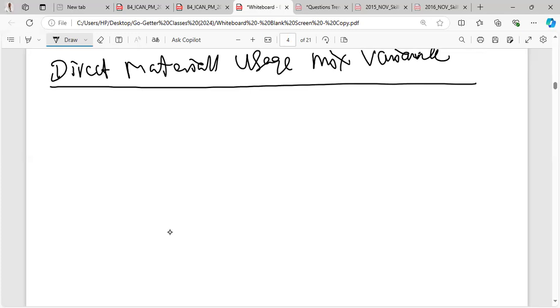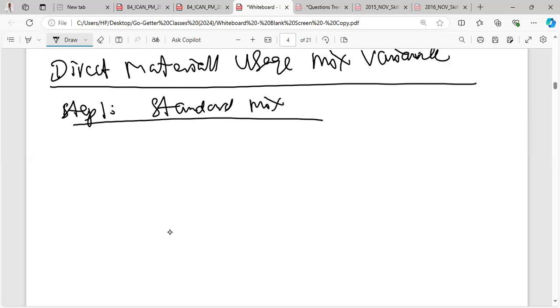So step one, standard mix. This is material X, material Y, standard quantity, and this is the standard mix.